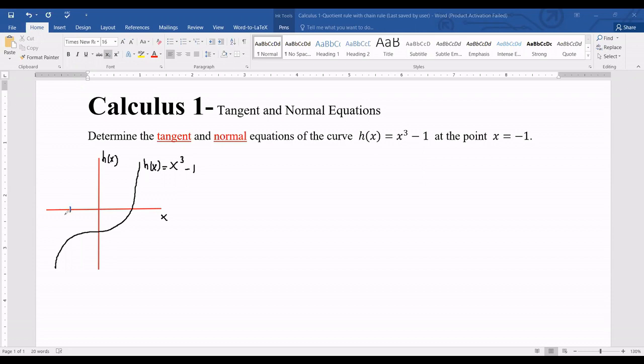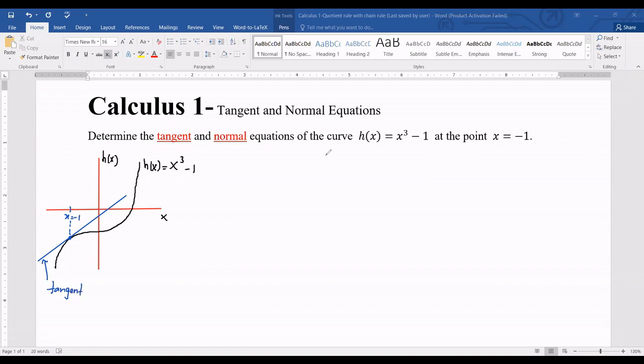If you draw the dashed line to the point, we can draw a straight line which touches at the point where x equal to minus 1. This is what we call the tangent line.